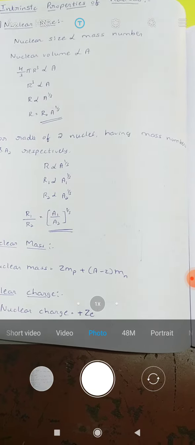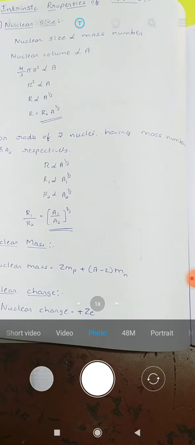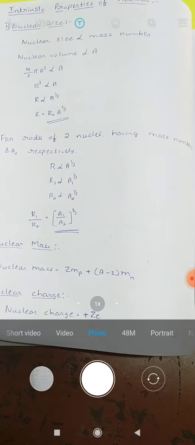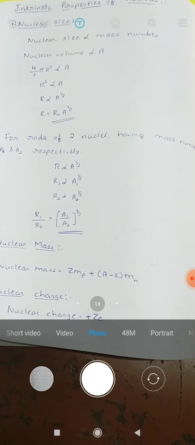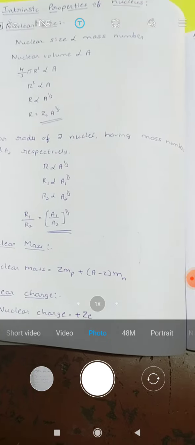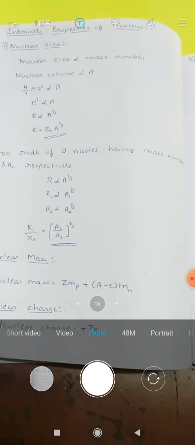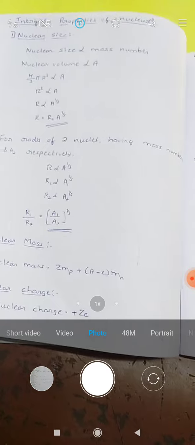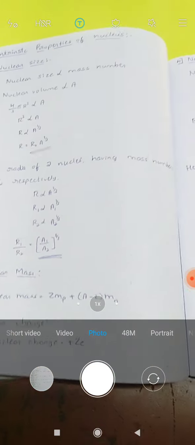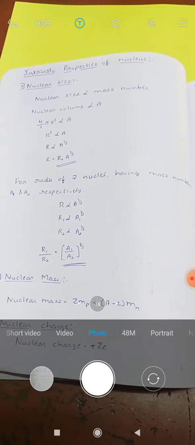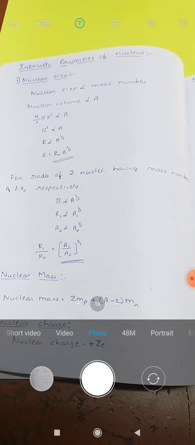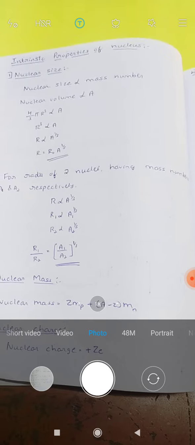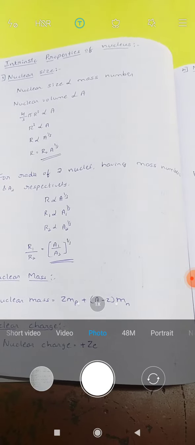In theoretical value, it is taken from 1 femtometer to 1.5 femtometer. In practice, it is used as 1.3 femtometer.